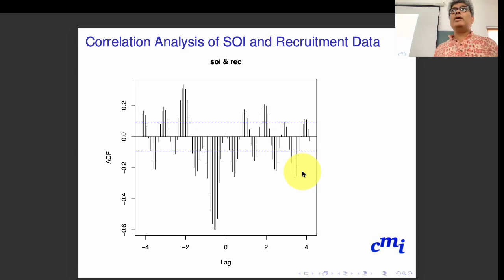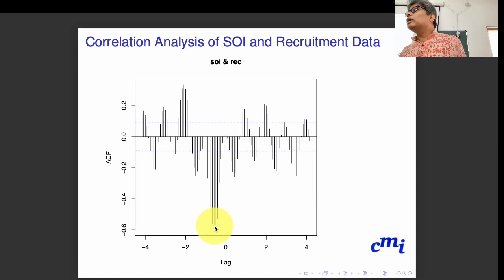But what I mean by one series leading another series is this: here the correlation at a negative lag between one series and the other is significantly large, negative 0.6. This is not something you can completely ignore. These are stationary series, at least mean stationary for sure, both the recruitment data and the SOI.